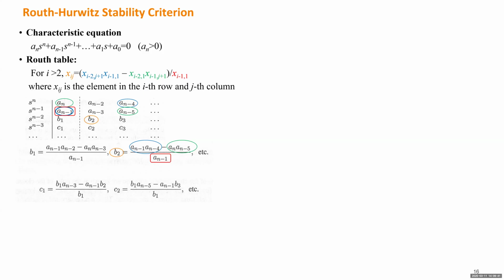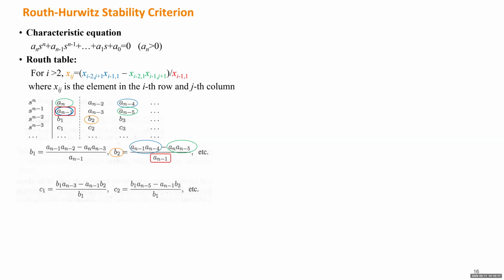The third row has to be calculated based on this general formula. The numerator is the difference of two products, and the denominator is one item. The first product is from the first column, closest to this item, and another from the column after the current column.